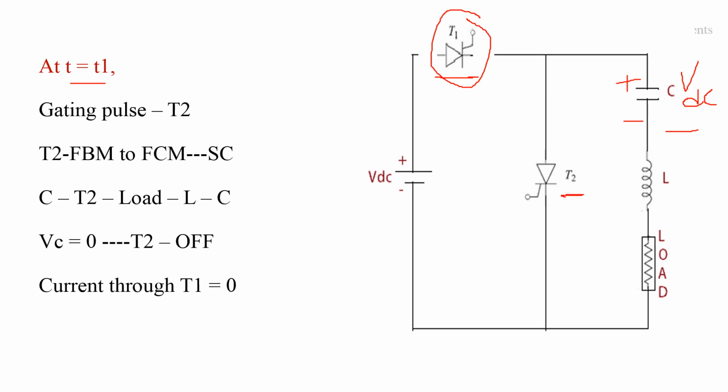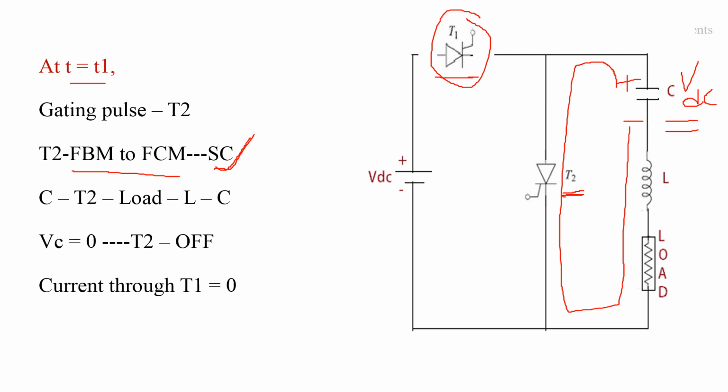Due to the gating pulse, thyristor T2 comes from forward blocking mode to forward conducting mode and acts as a short circuit. Due to this, the capacitor starts discharging in the direction of C plus, thyristor T2, load, inductor and C minus, that is, in this direction. Here this is C plus and here this is C minus.